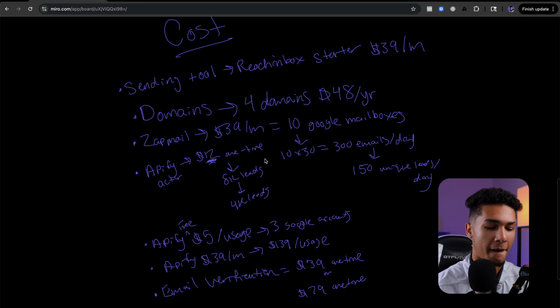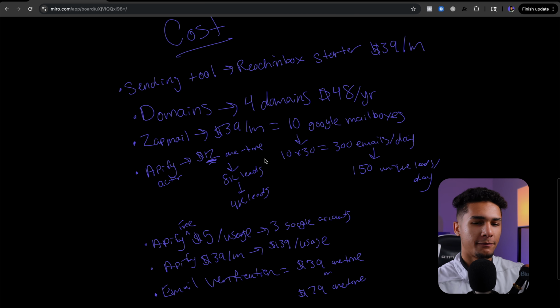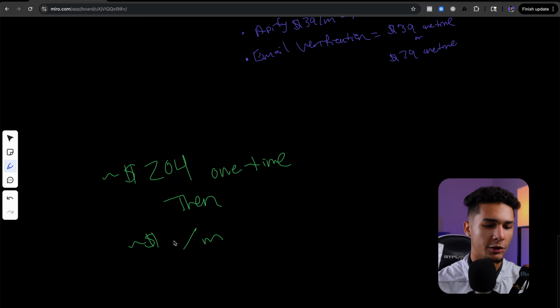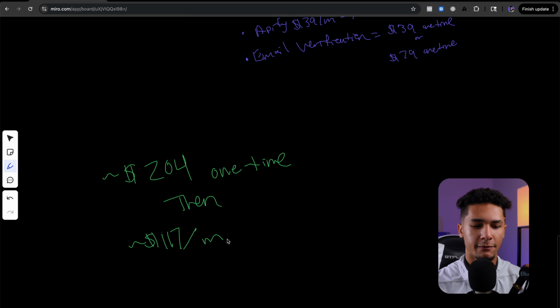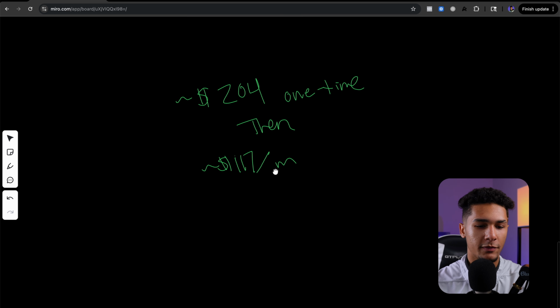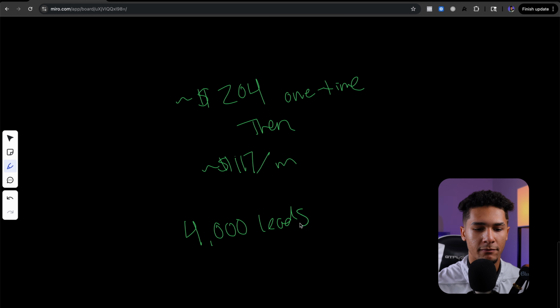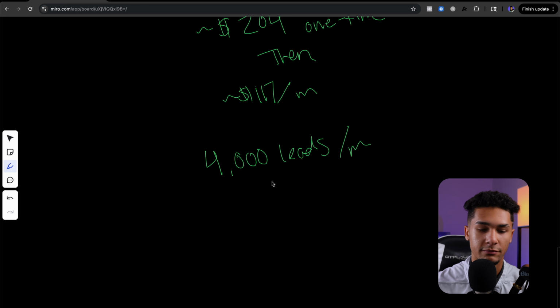And that is the only monthly cost that you have to incur. So monthly, to keep the system running, you're going to be looking at $117. So with $117, you can send to 4,000 leads per month. You're going to be reaching all 4,000 of those leads in that month, basically.